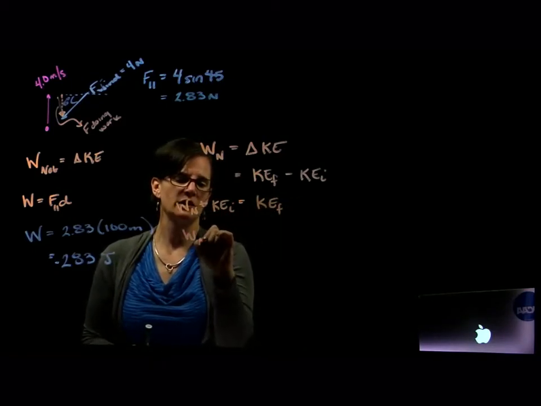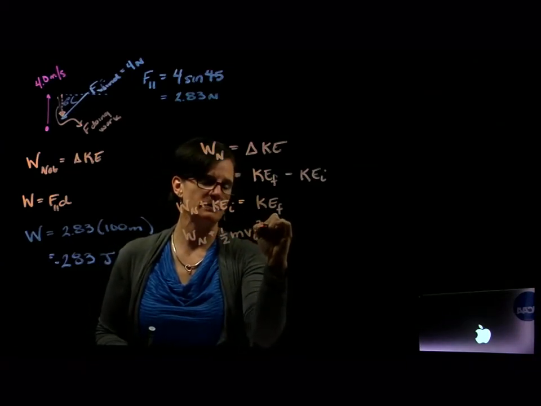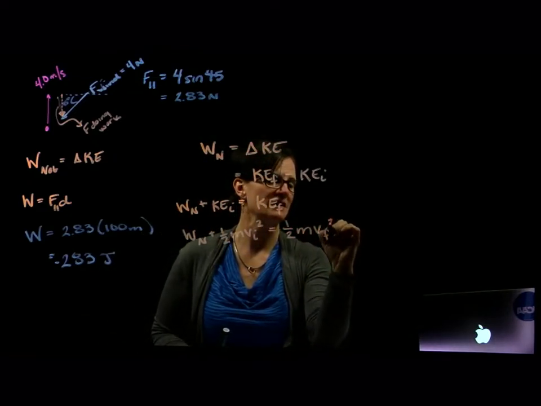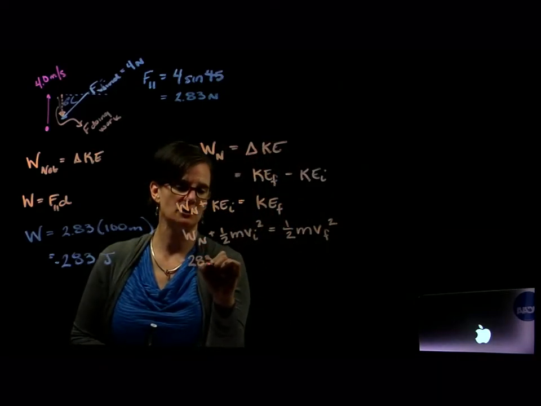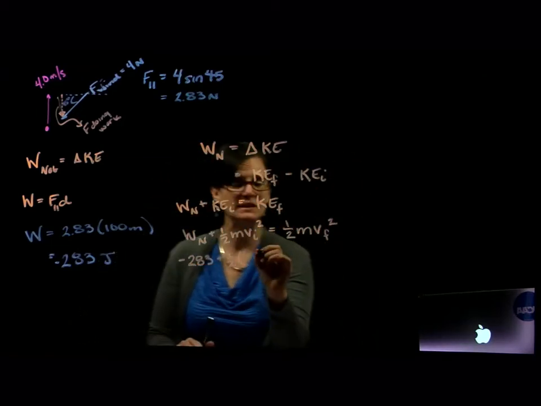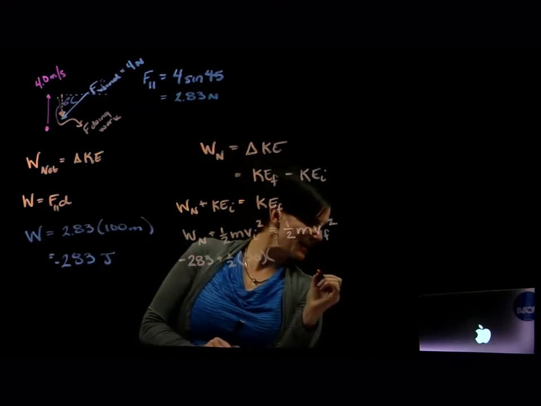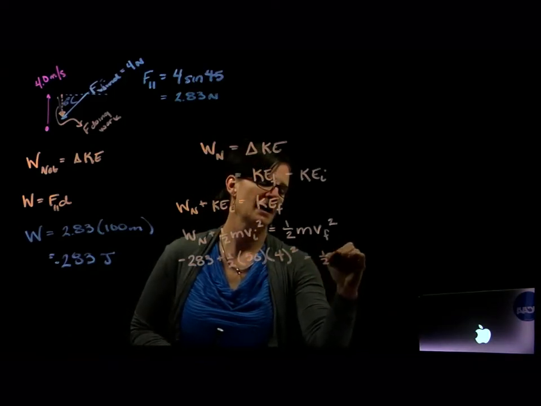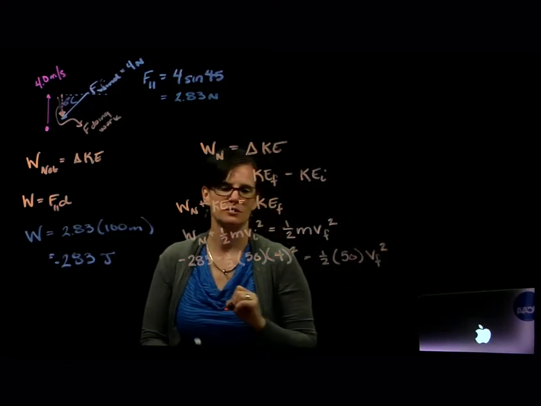Then we have the work plus 1/2 the mass times the initial speed squared is equal to 1/2 the mass times the final v squared. So our net work was minus 283 joules plus 1/2 the mass of the skater, which was given to us as 50 kilograms, times the initial speed, which was also given to us as 4, squared, is equal to 1/2, still the mass of 50, times our final speed squared.